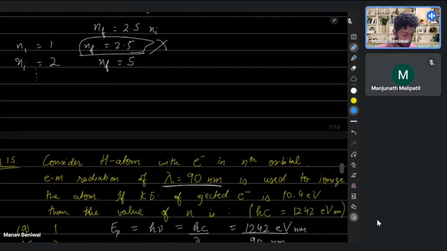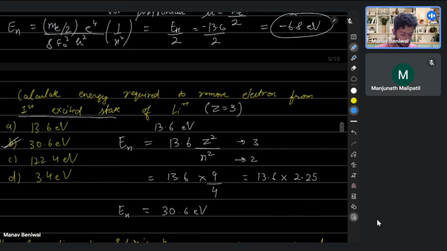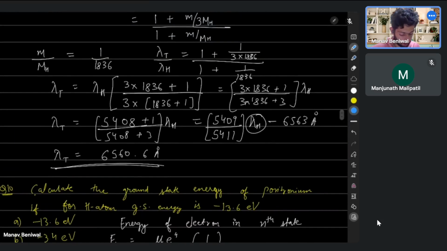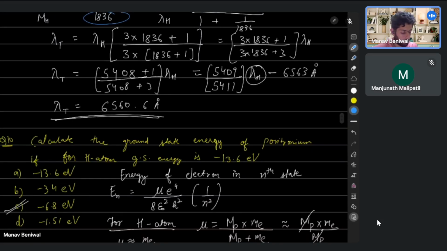Now let us replace the masses. We solved one problem earlier where we used that the proton is 1836 times heavier.